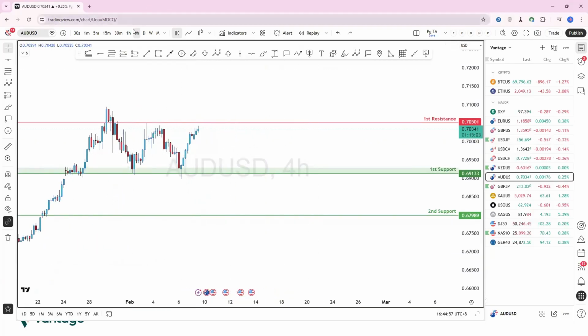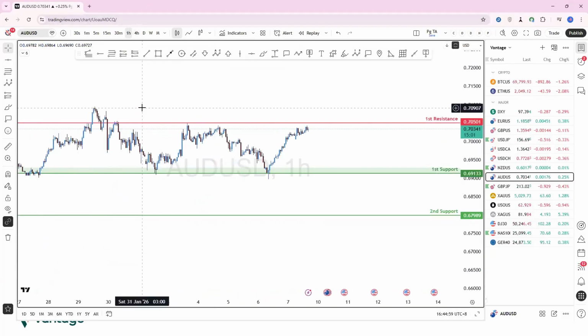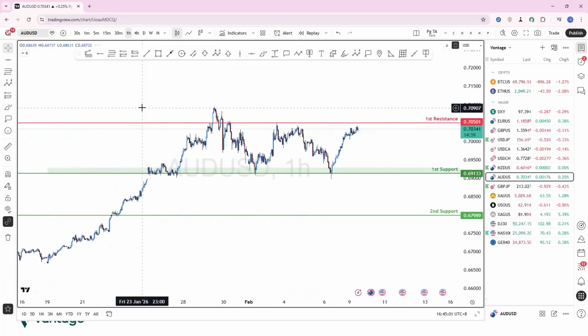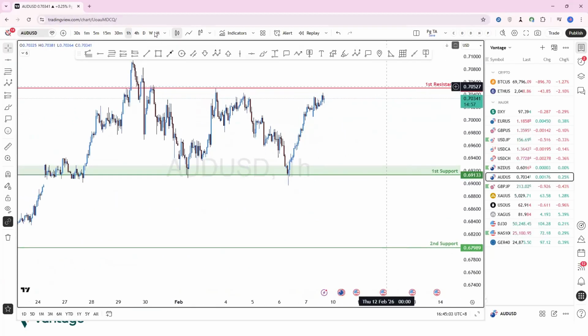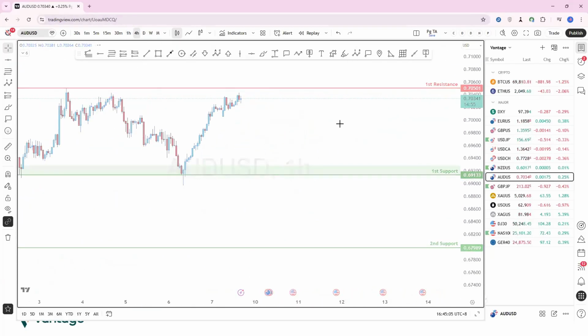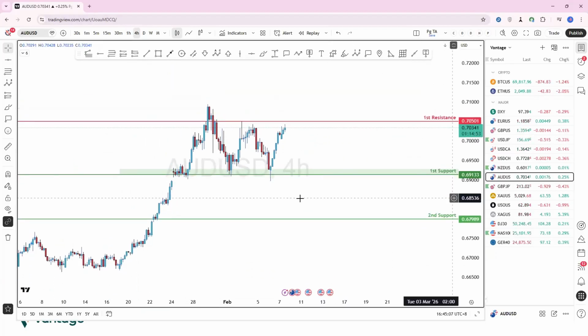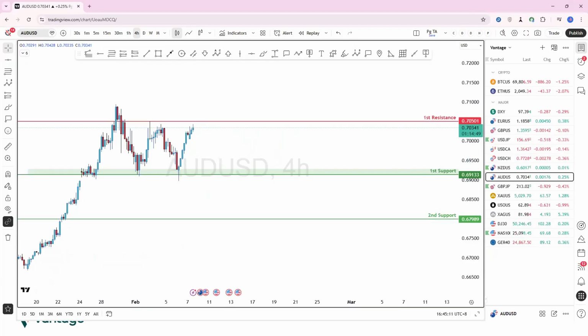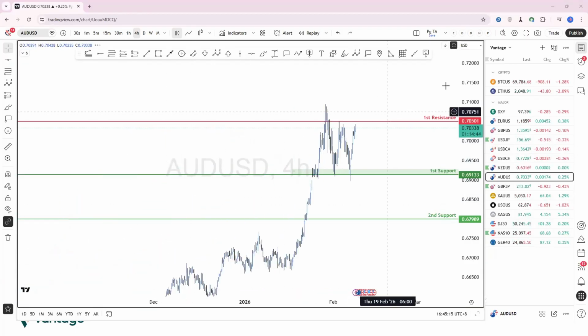I can say that they are being ranging right now. Okay, they are sideways. So key level still the same.